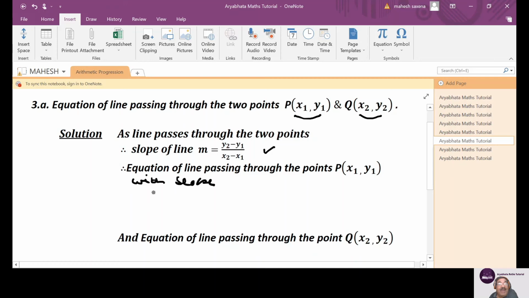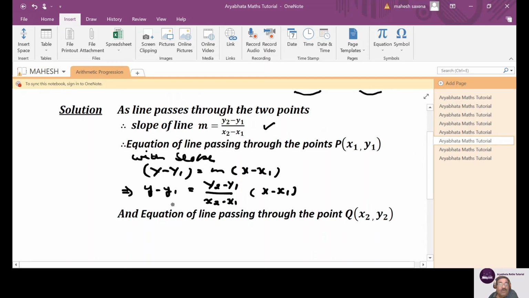Therefore, the equation of the line will be y minus y1 is equal to m into x minus x1. Implies that y minus y1 is equal to, we already know that m is y2 minus y1 upon x2 minus x1, into x minus x1.